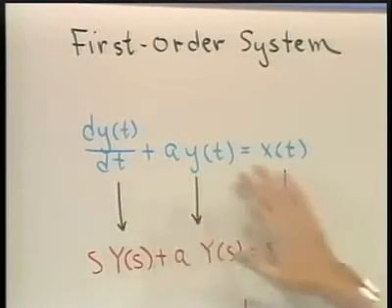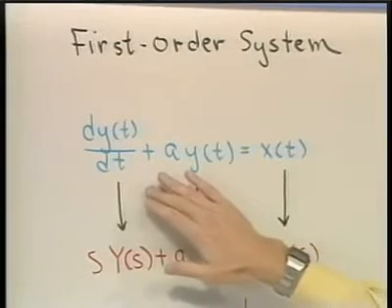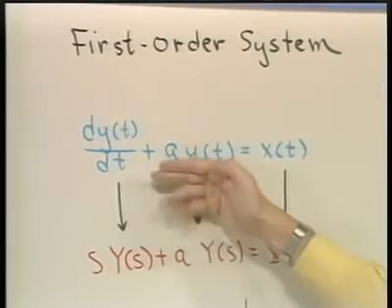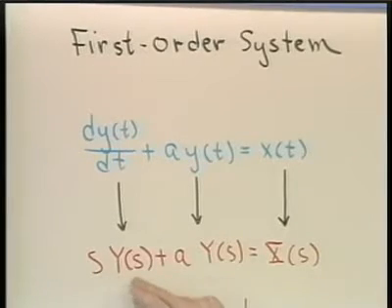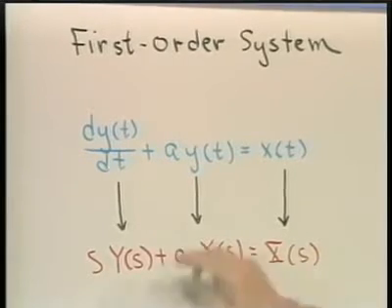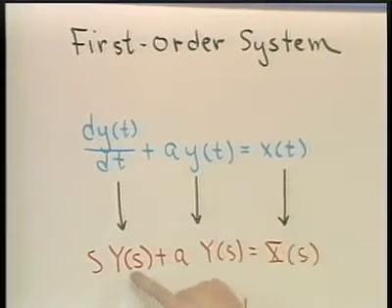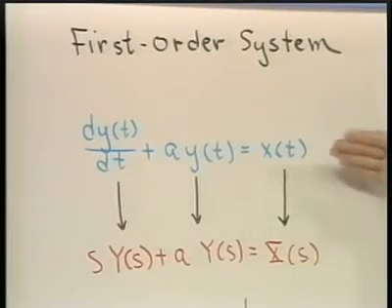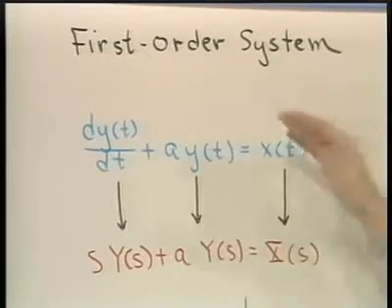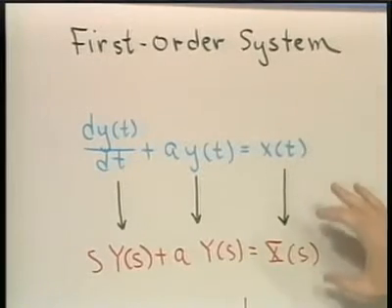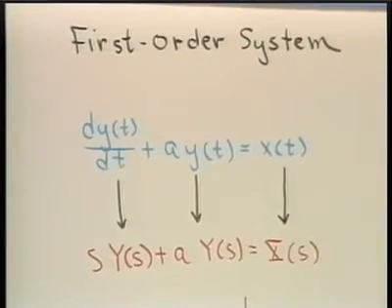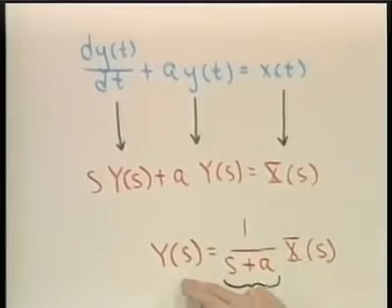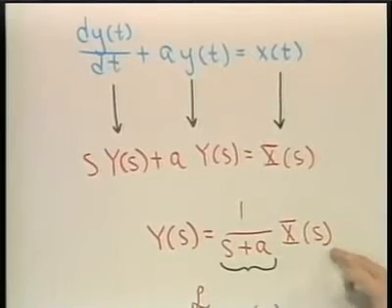And if we apply to this equation the differentiation property, then the Laplace transform of the derivative is s times the Laplace transform of the time function. The linearity property allows us to combine these together. And so consequently, applying the Laplace transform to this equation leads us to this algebraic equation. And following that through leads us to the statement that the Laplace transform of the output is 1 over s plus a times the Laplace transform of the input.